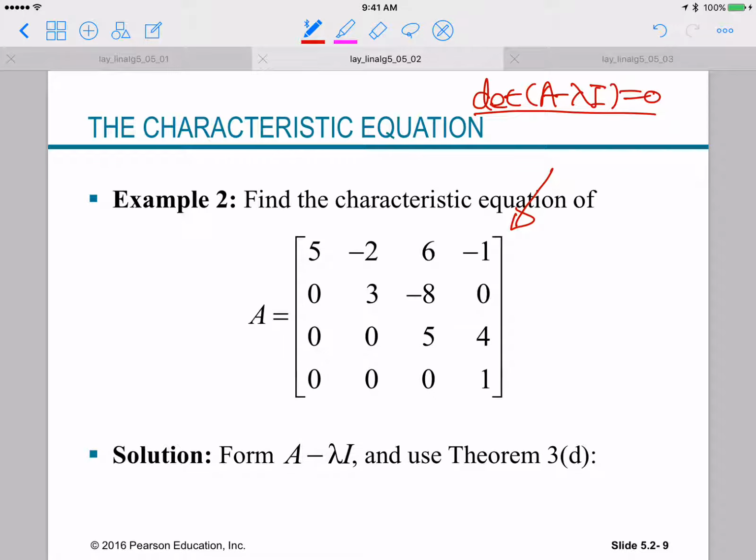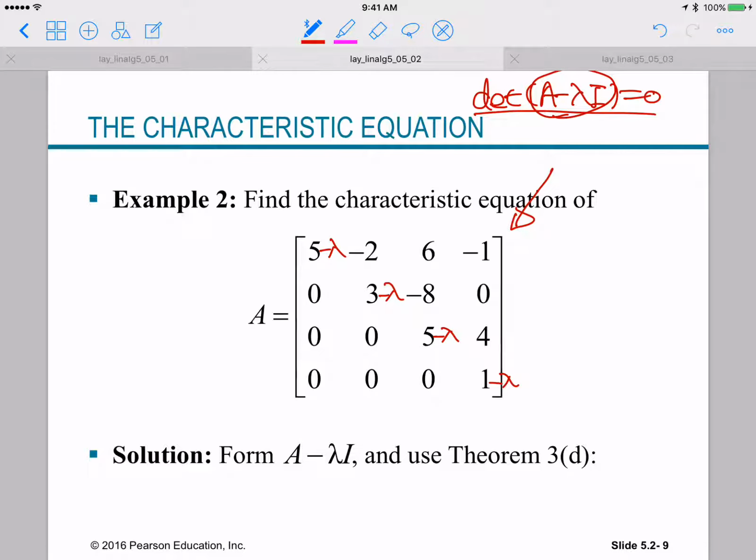So in general, A minus lambda I will become like this. In general, it will be a quite tedious process to compute the determinant of this 4x4 matrix, right?